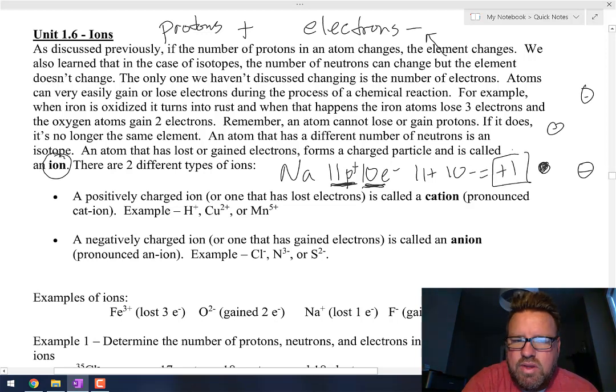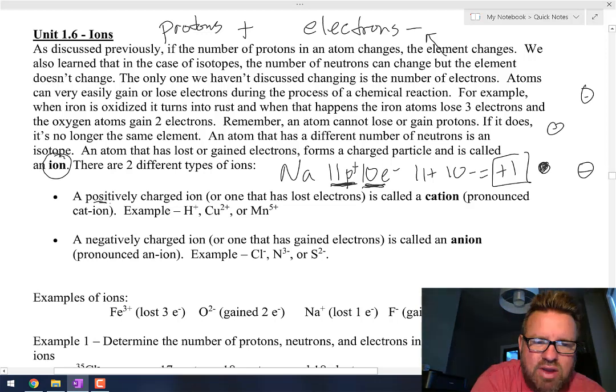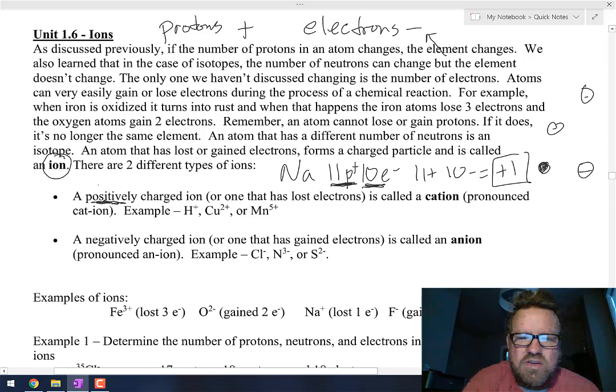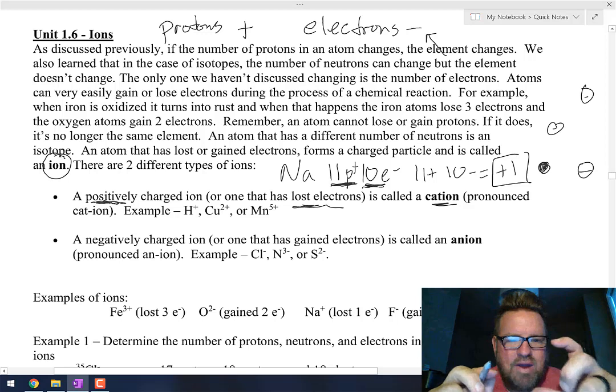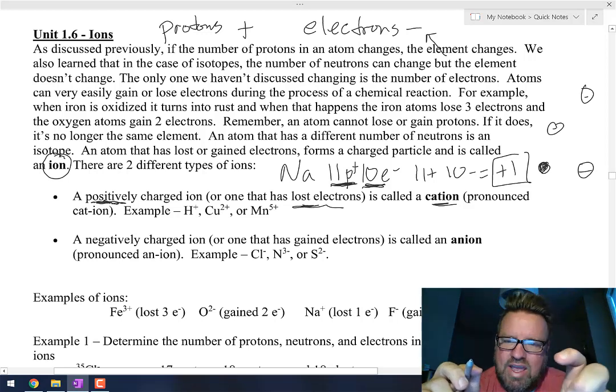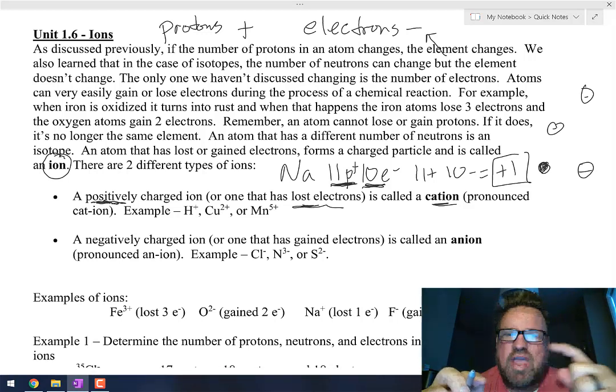So with 11 positives and 10 negatives, if we put those two together, 11 positive, 10 negative, that equals positive 1. Okay, and so what that means is that when an ion has a positive charge, so it's positively charged, that means it has lost one or more electrons. Okay, and those are called cations. A cation is kind of like, if you ever look at a battery, it has a positive end and a negative end. The positive end is called the cathode.